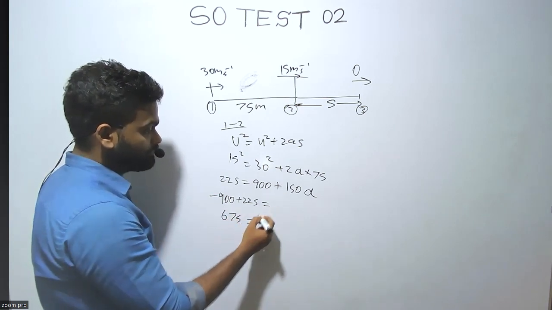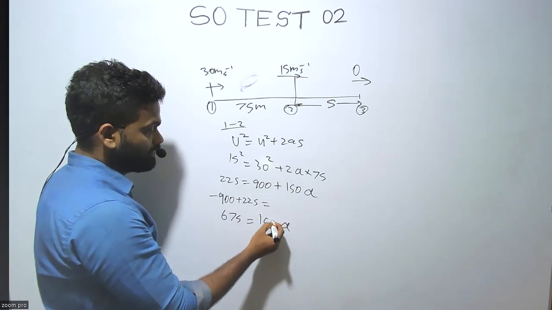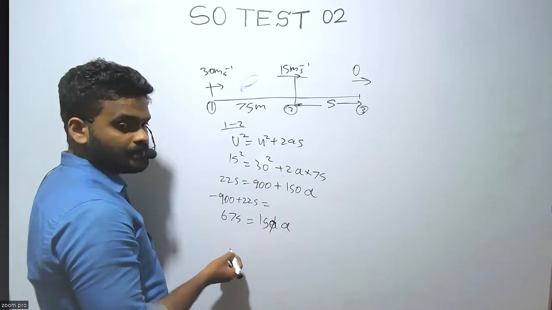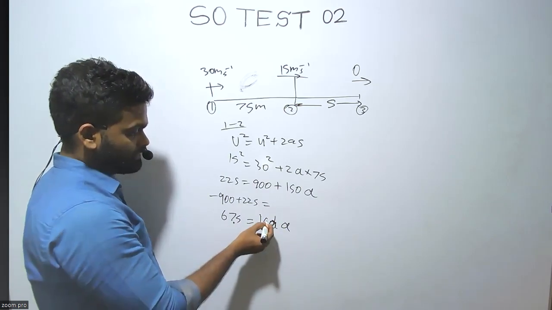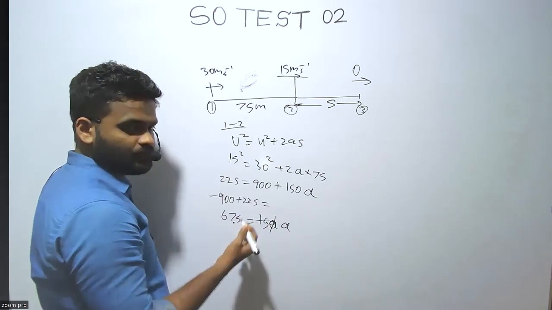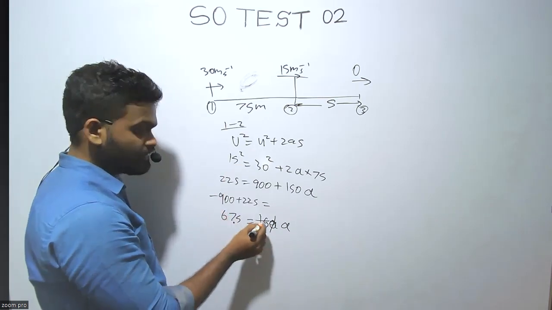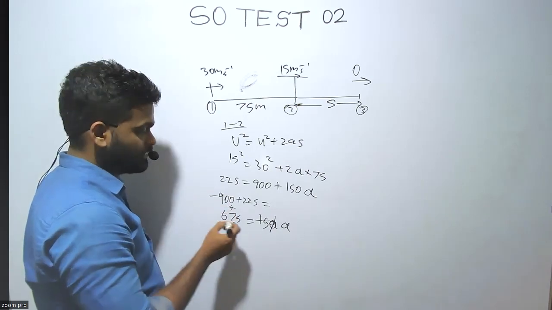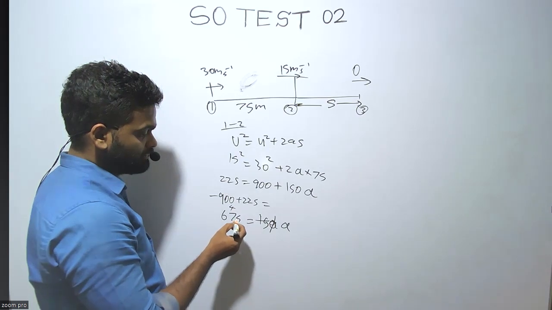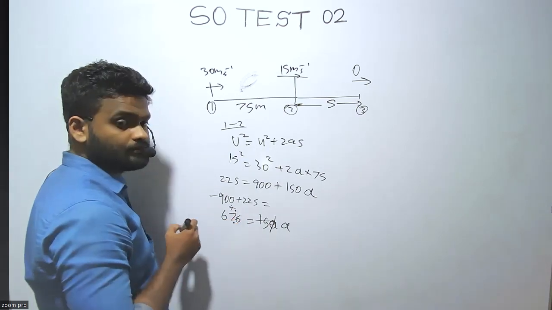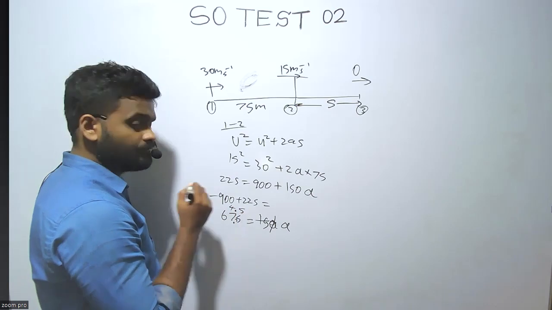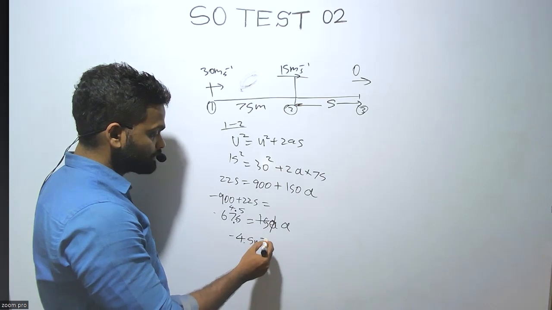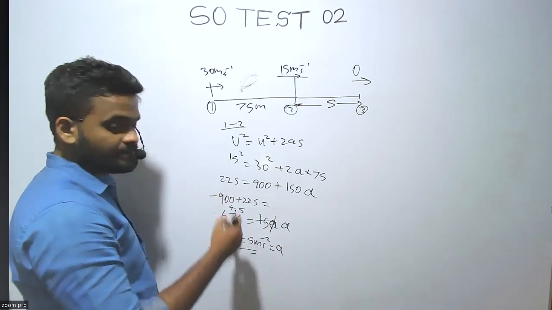Is equal to 150 acceleration. Let's divide by 10, then divide by 15 at once. 67 divided by 15: 4, meaning 60, 7 is remaining. 75, how many 15s? 5 15s. So this is minus 4.5 meters per square second.